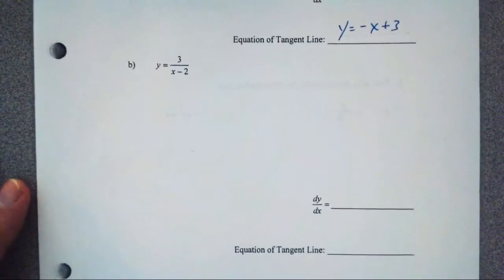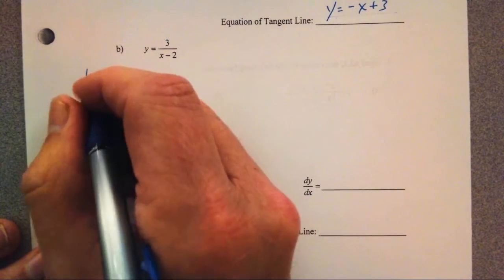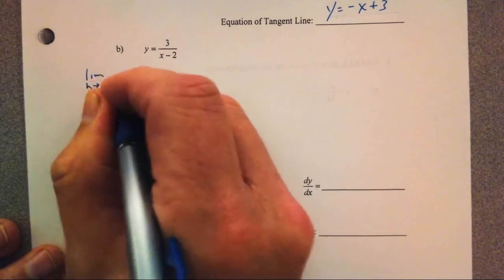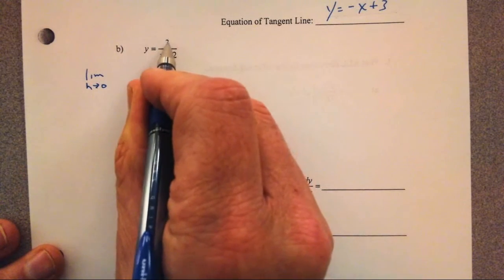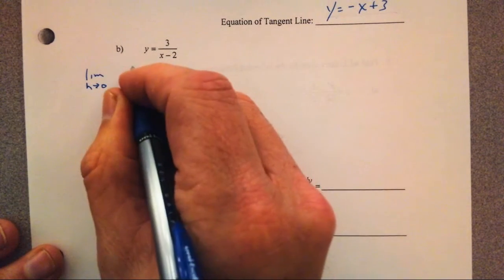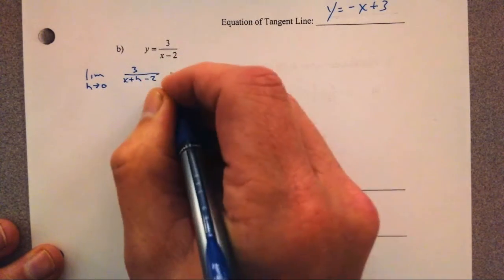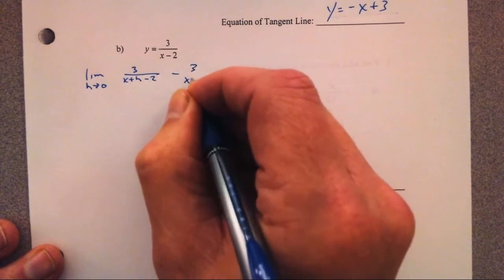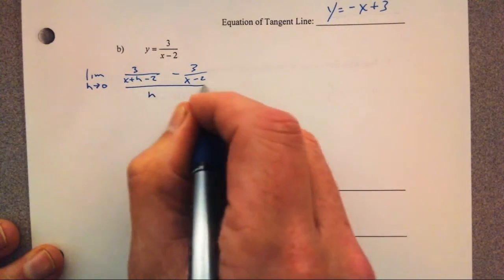Okay, same process, a little bit more algebra involved here. So I want the limit as h approaches 0 of f of x plus h. X plus h takes the place of x here. I get 3 on x plus h minus 2, minus f of x, 3 on x minus 2, all over h.